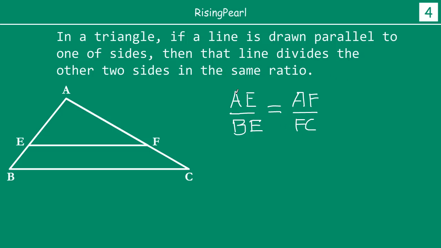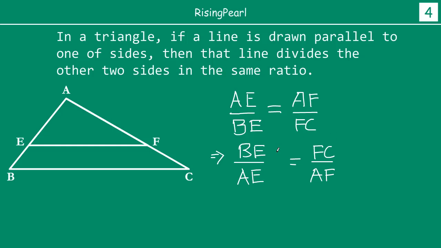So I'm going to take a reciprocal of this on both sides. What we will get is BE by AE equal to FC by AF.